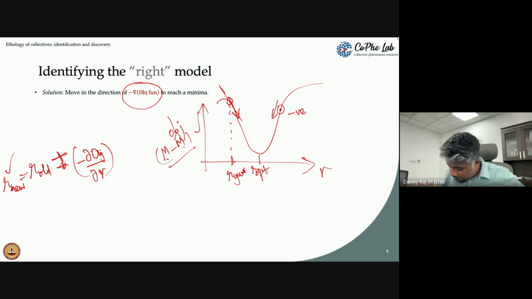Correct. So this entire term becomes negative. Negative of a negative is positive. So you end up moving from here to here when you're here. And at the same time, when you're here, the slope is positive, and then negative of a positive becomes negative. So you end up moving in the opposite direction. So this is what is called gradient descent.